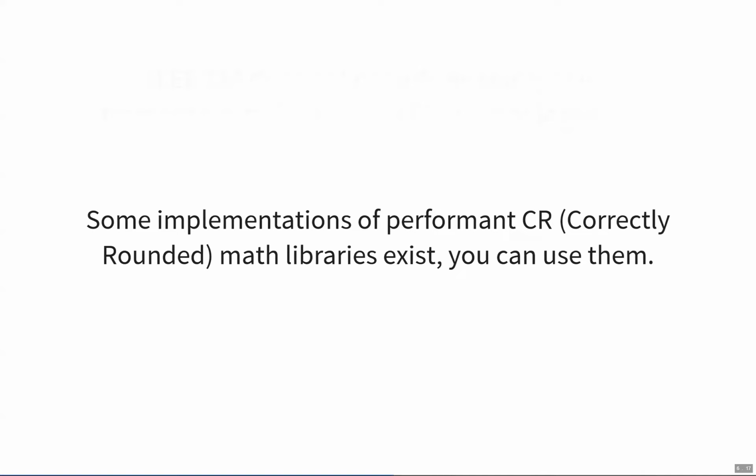There is a bunch of libraries out there. I think the most popular one is Core Math, but put "correctly rounded math library" into Google, it will tell you a bunch of stuff. The idea is that they implement the transcendental functions, sines, cosines, and so on, in a way that they guarantee that the result will be the proper result correctly rounded.